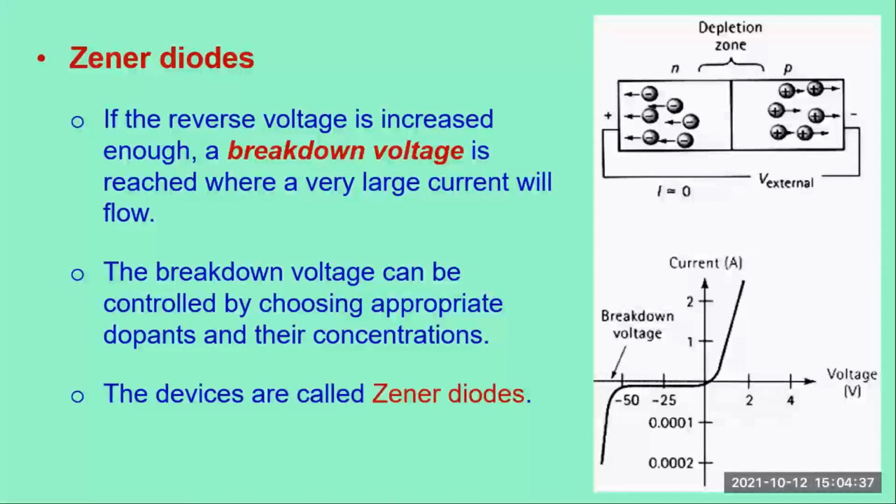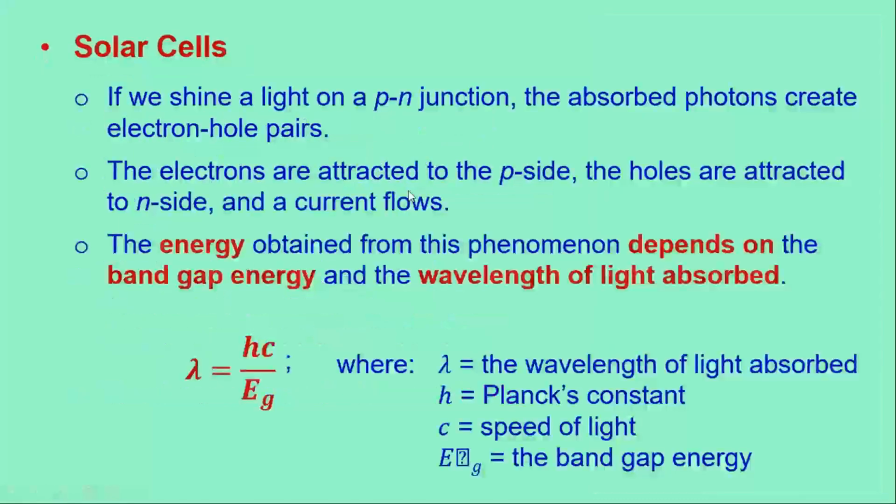The voltage across a Zener diode actually remains constant, and this is determined by the doping type and concentration. So they basically act as voltage controlling devices. Depending on the allowable voltage which you would like to have, this will determine the doping concentration for that particular diode. So we can also look at solar cells.